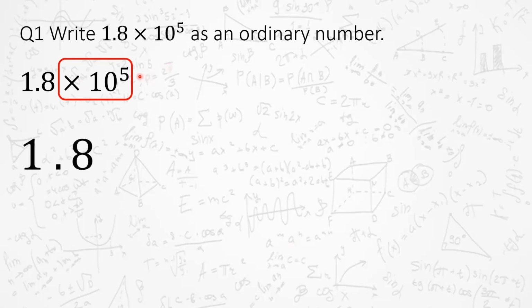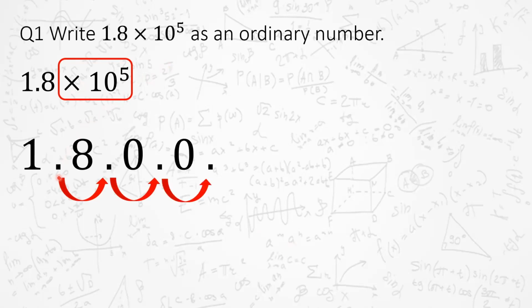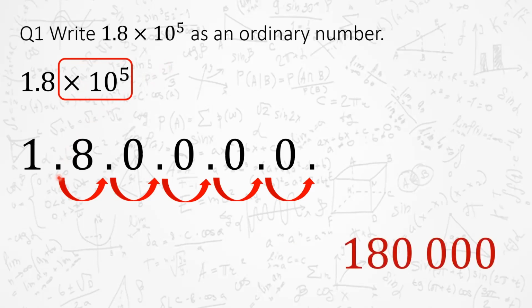When you have a positive 5, that means we need to move the decimal point to the right 5 times. Once, twice, 3 times, 4 times, 5 times. That's it. So your final answer is 180,000.